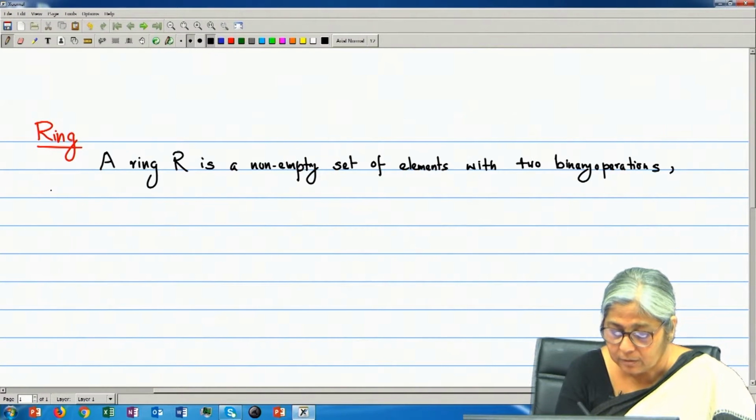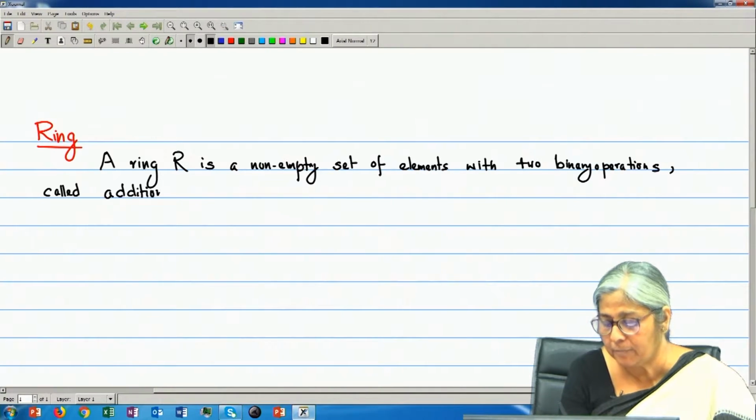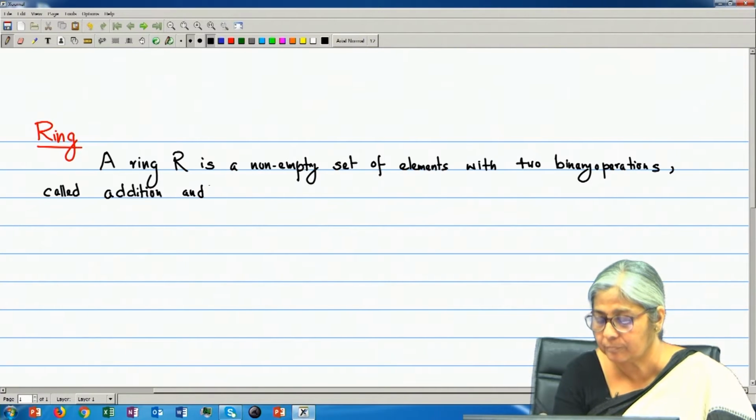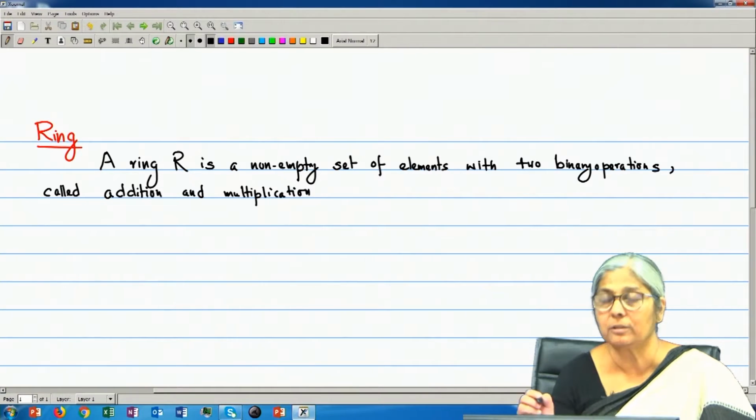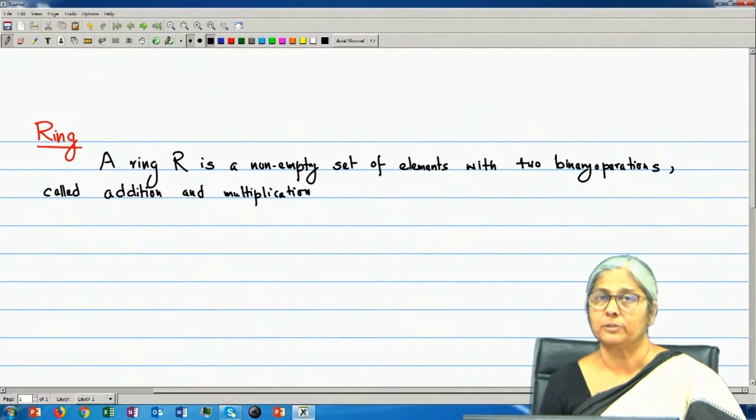Normally, we call these two operations addition and multiplication, but this addition and multiplication may not be our ordinary addition and multiplication.